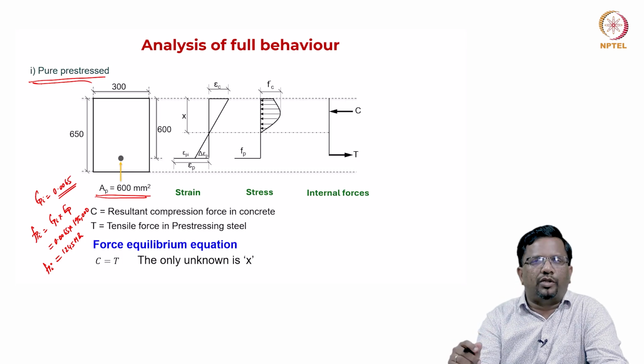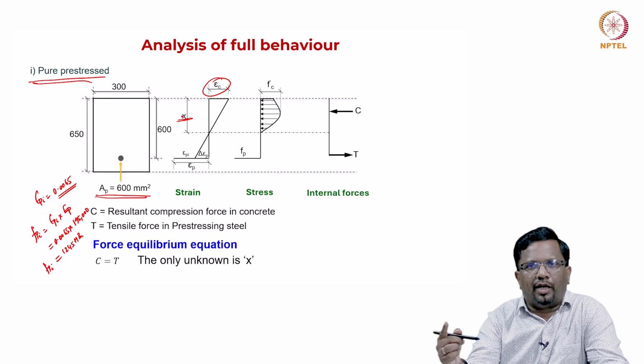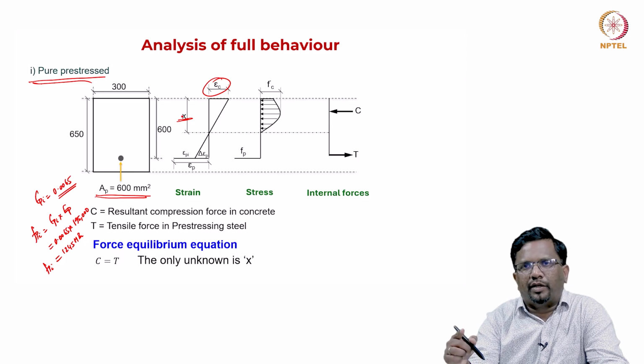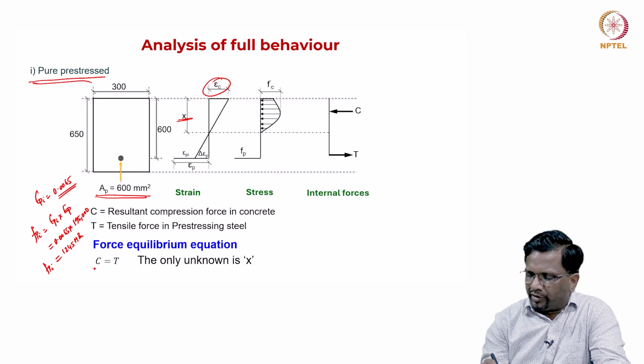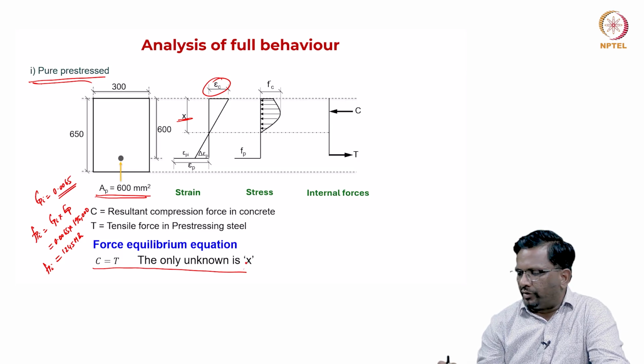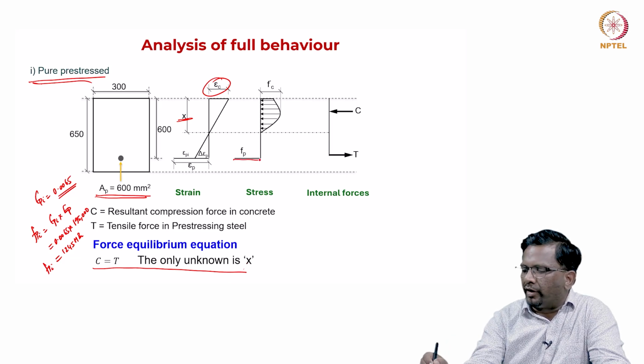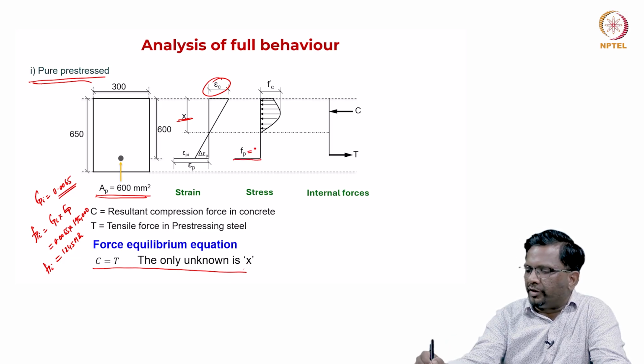So you know all these things. What is the procedure? We are going to assume epsilon c, keep increasing that epsilon c, and iterate x to find which x will satisfy the force equilibrium C equal to T. I can express everything in terms of x and then solve for it. Once the strain distribution is known, I can calculate my stress FP, which is a function of your strain epsilon p.